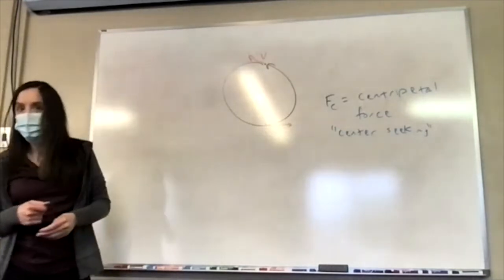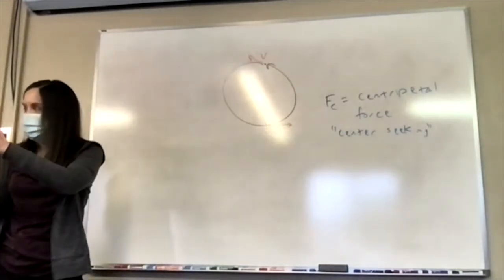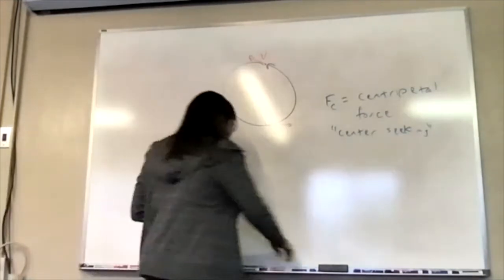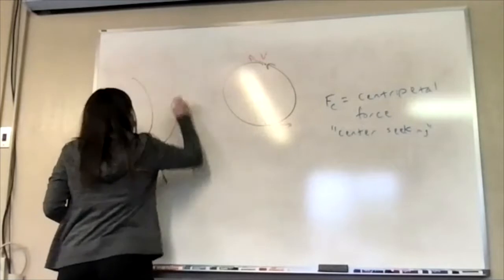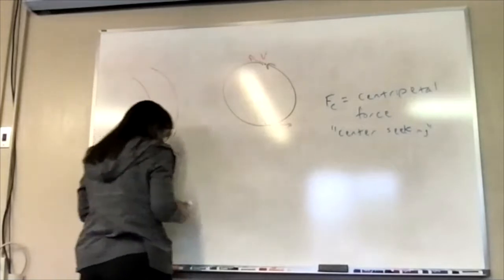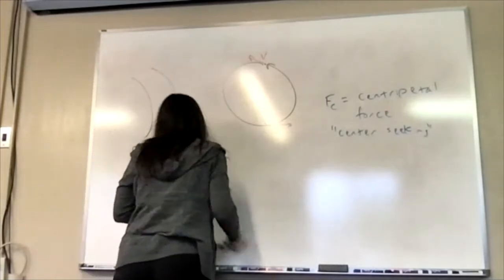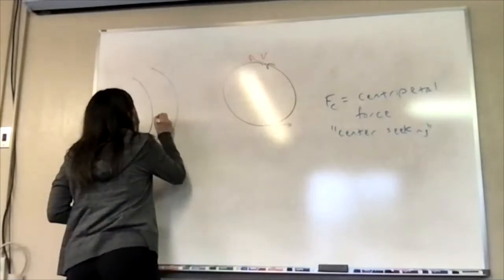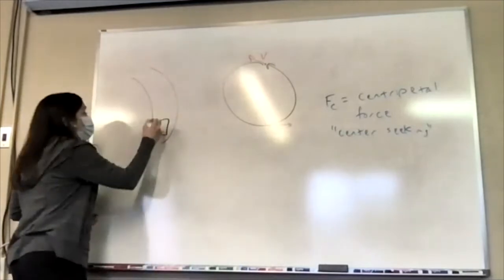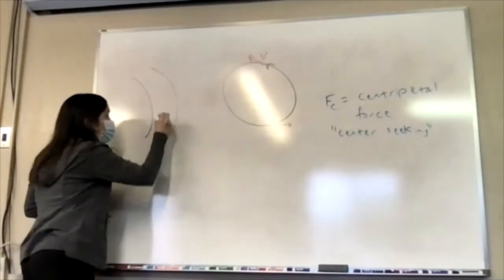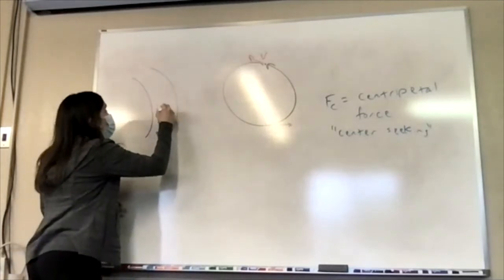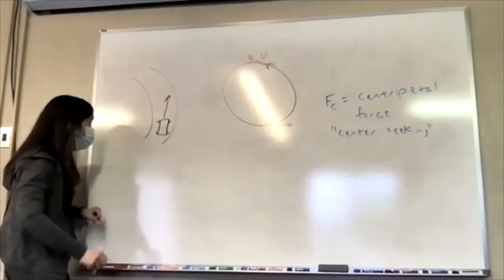Does that make sense? If you're moving in a car, you're just turning your car on a bend. I'm just going to draw it out here. So you're going down a road, and it's curving to the side. And that's your car. So we're looking at a top view of your car. And your car is driving this way.